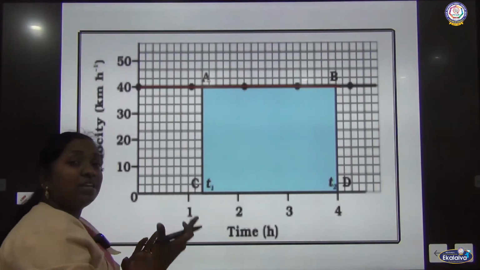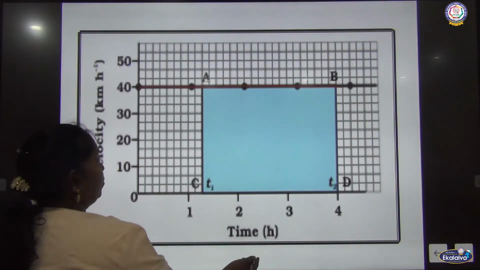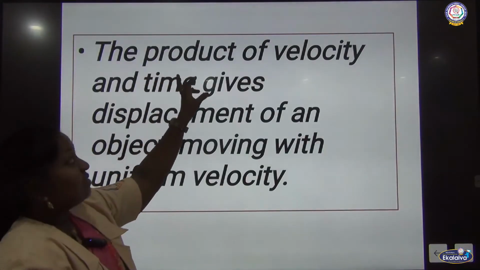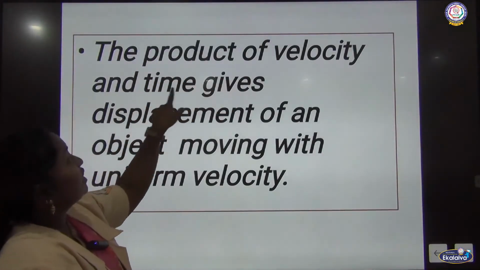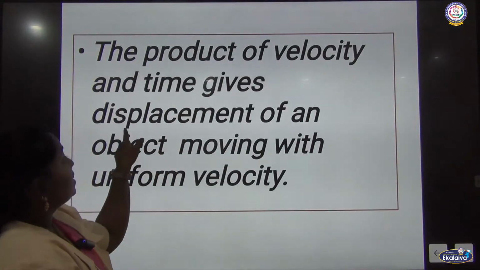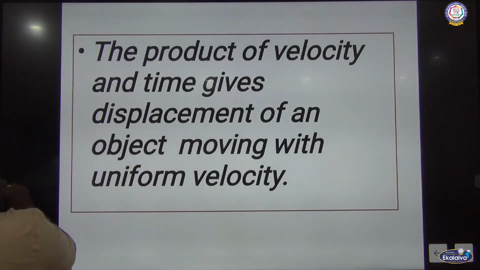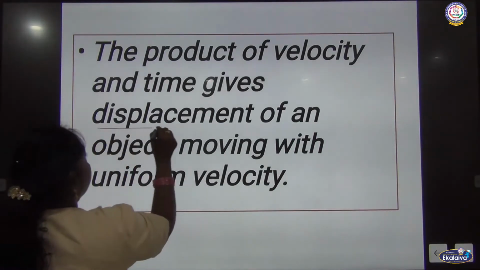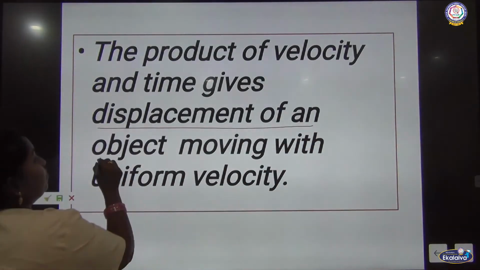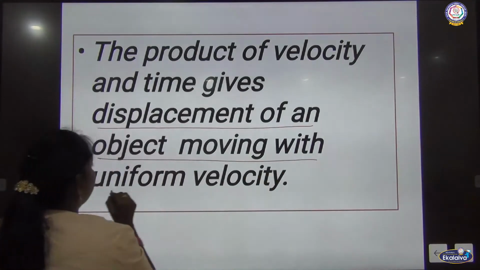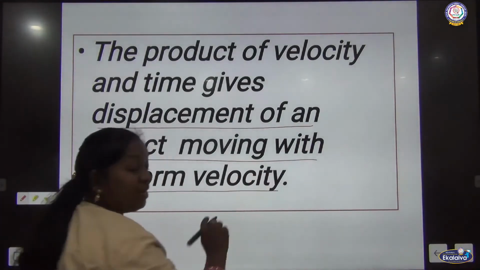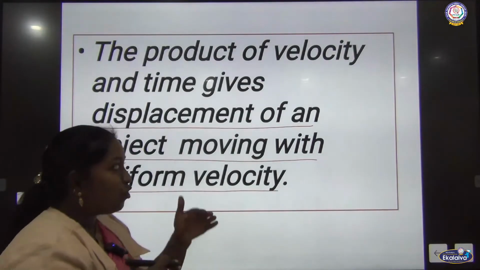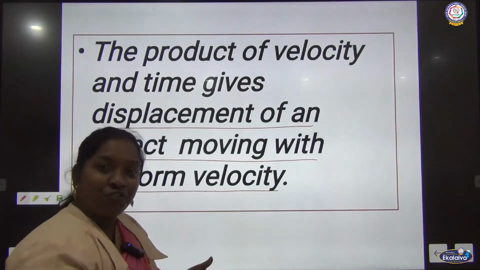So what is the thing we are getting through this graph? Through this graph, the product of velocity and time gives the displacement of an object. This velocity time graph gives the displacement of an object with uniform velocity.